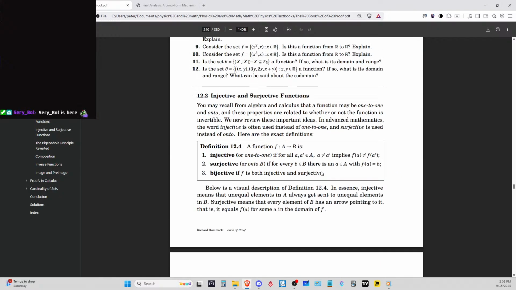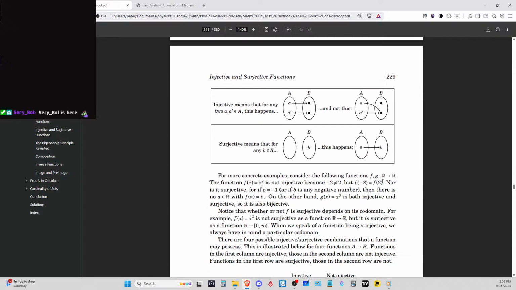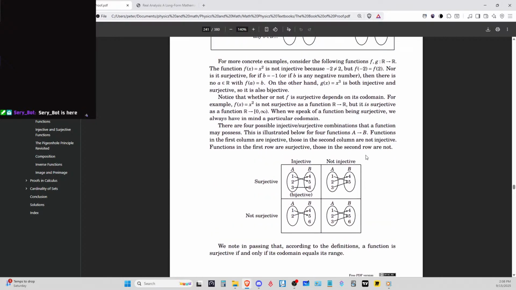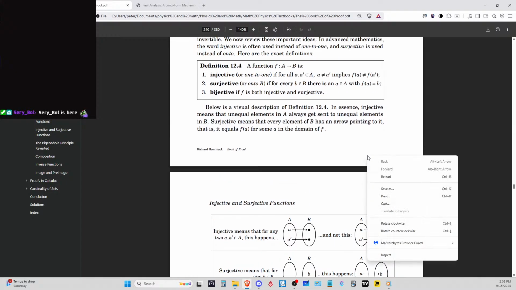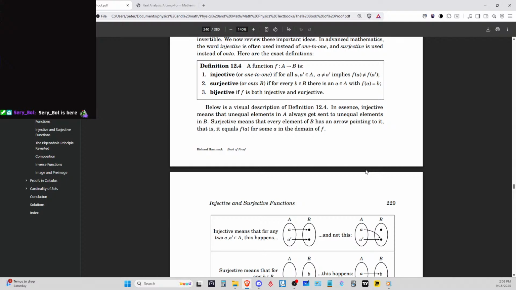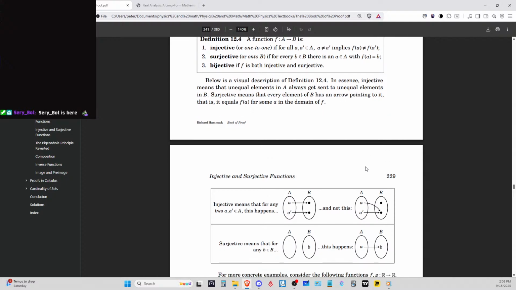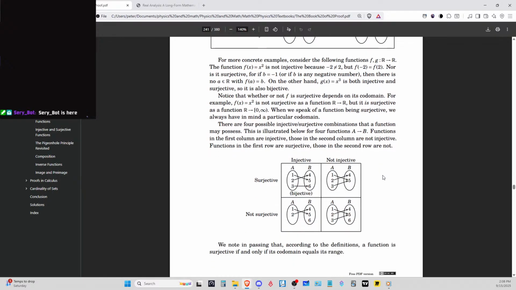Because for injective, I'm guessing every element in A that is not equal has to map to a different value. Hence the, what do you call it, the vertical line test. Because we have 2 go to 4, so it's not surjective because there's no arrow to 6.